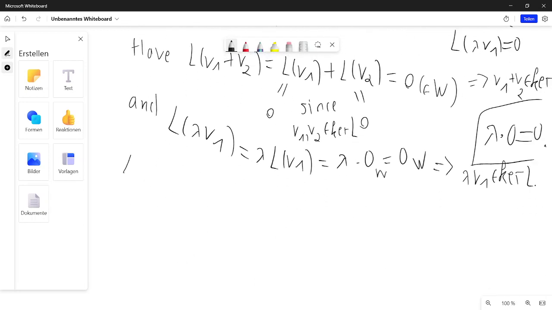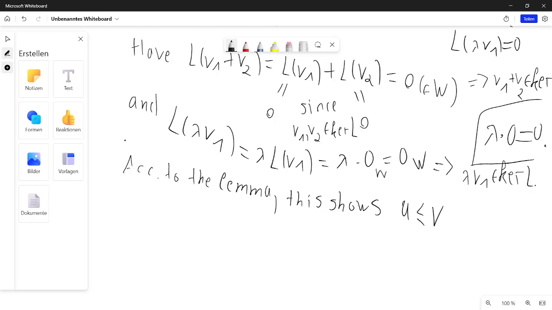Well, according to the lemma, this shows that the kernel is a subspace of V. I have not introduced calling the kernel U, so let's not use it.